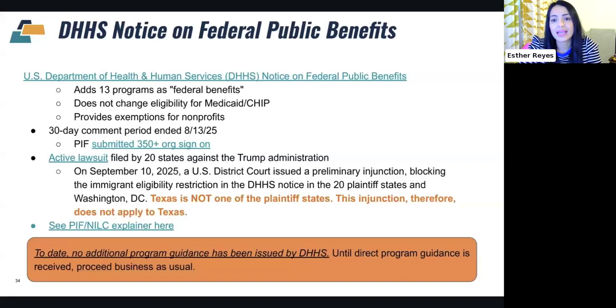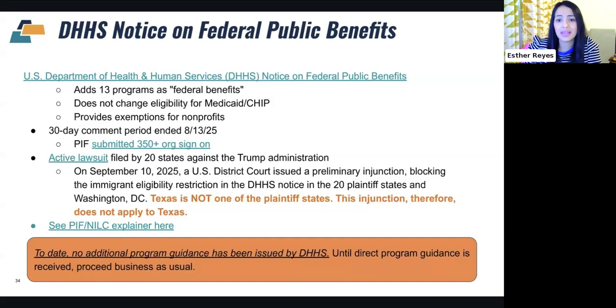This notice says that HHS considers an additional 13 programs as federal public benefits, with eligibility restricted to qualified immigrants. It did not change eligibility for Medicaid or CHIP, and states that provide coverage to lawfully residing immigrant children and pregnant people can continue to do so. The notice also confirms that nonprofit charitable organizations are not required to verify immigration status.